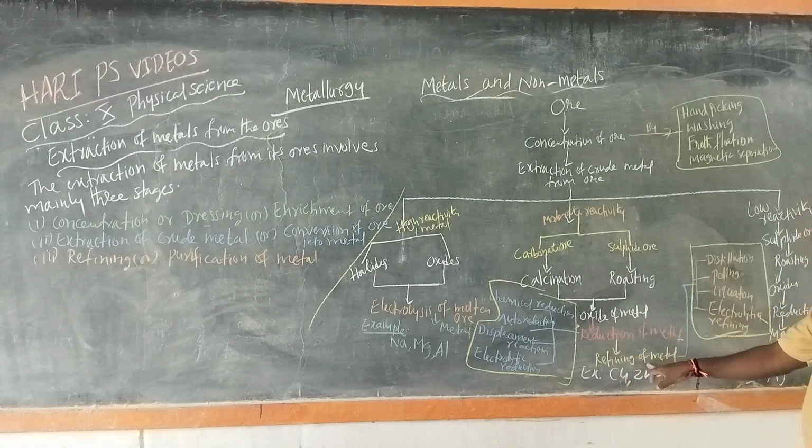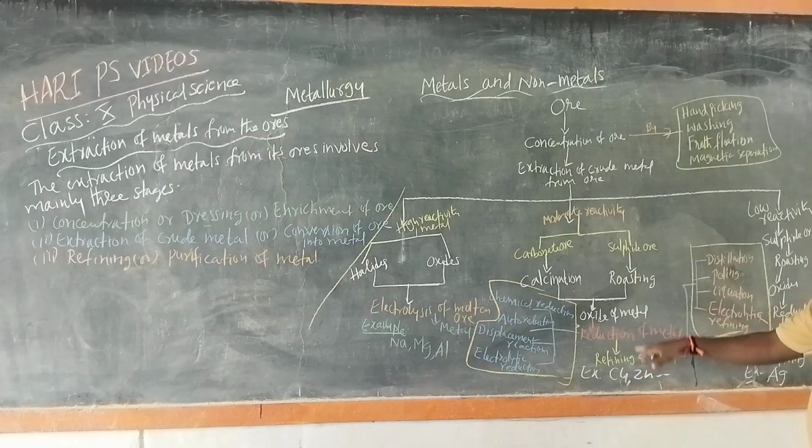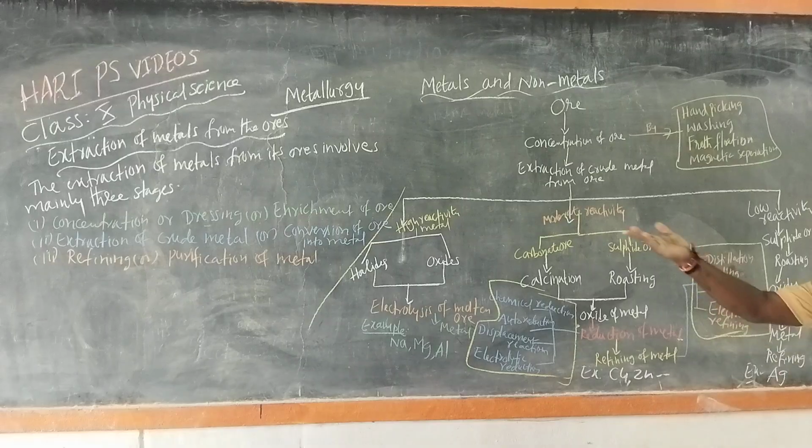After that we get refining of the metal. Refining, or purification, is carried out by four processes: distillation, cooling, liquefaction, and electrolytic refining.